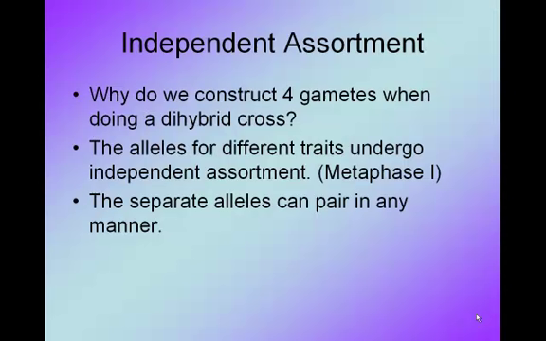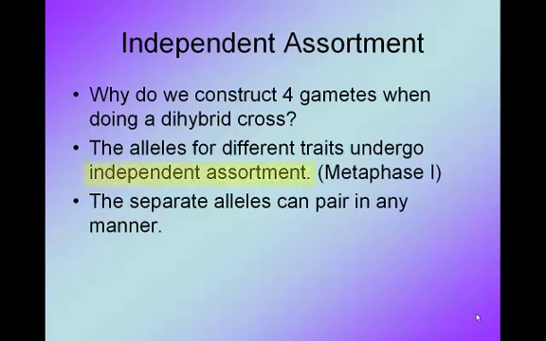So we just went through a practice problem, and we saw that we got that nice, neat 9 to 3 to 3 to 1 ratio. The question is, why did we make 4 gametes for each parent? Because in the first type of Punnett squares we did, we only had 2 possible gametes for each parent. Well, the reason that this happens is because during meiosis, in metaphase 1, you have what's called independent assortment.